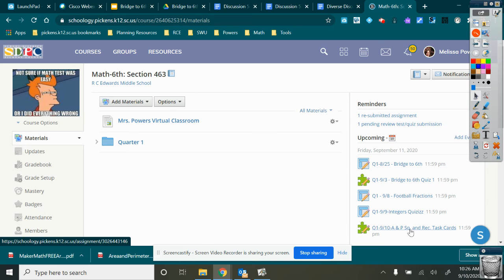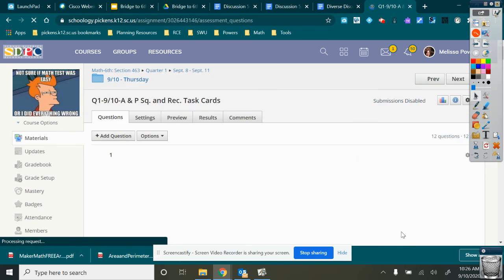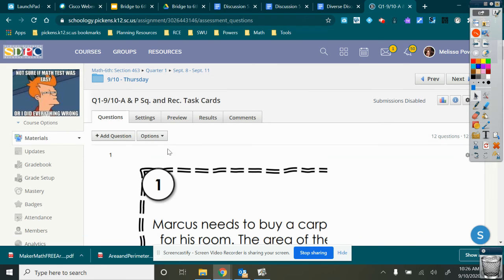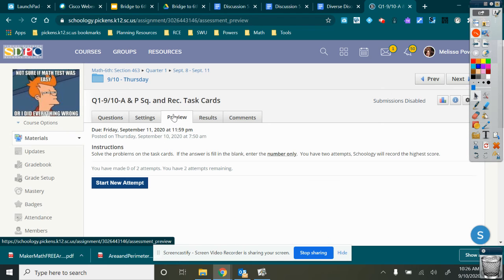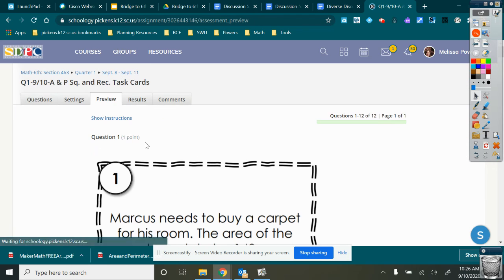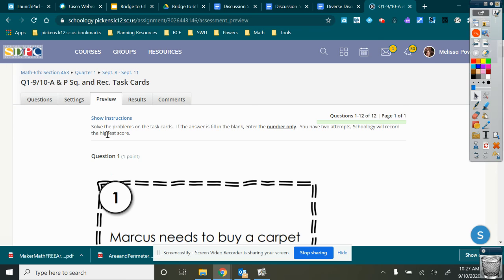This is your assignment for today, so if you go ahead and click on that, it's going to take you to the set of task cards. And I'm going to preview those so you will see the same thing on my screen that you'll see when you go in here to take this. It is graded. And the instructions say solve the problems on the task cards.